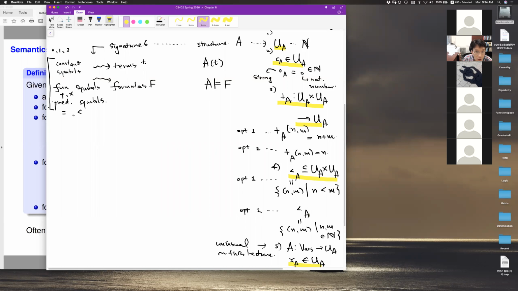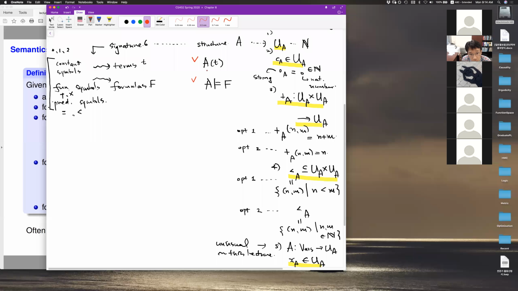Once we are given a structure, I'm going to soon talk about how we can start to talk about the semantics of terms induced from the signature sigma. Also, we can talk about the semantics of formulas.